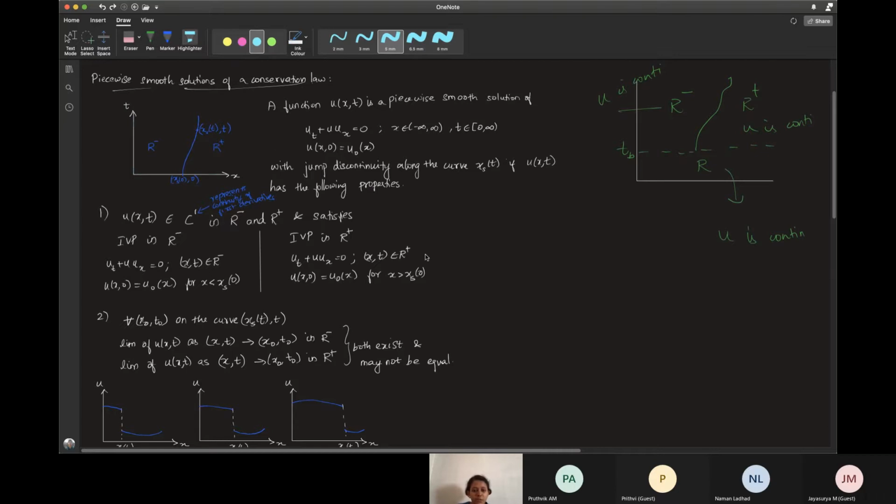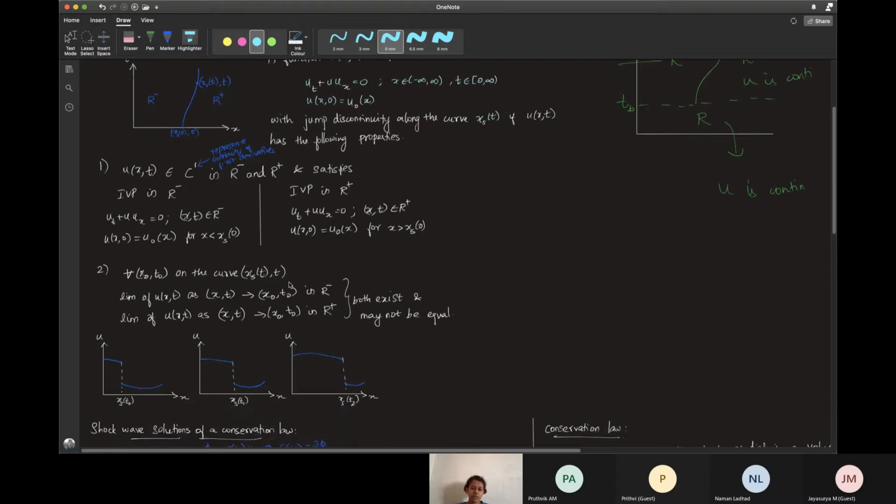So formally we do it this way. You just take some U to be a piecewise smooth solution of this PDE that we usually consider, and this U has a jump discontinuity along this curve. This curve we now call x equals s of t, and we call U a piecewise smooth solution to this PDE with jump discontinuity along this curve if the following two conditions are satisfied.